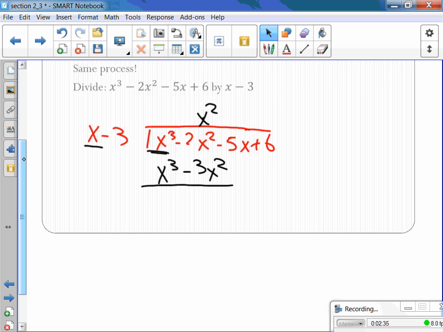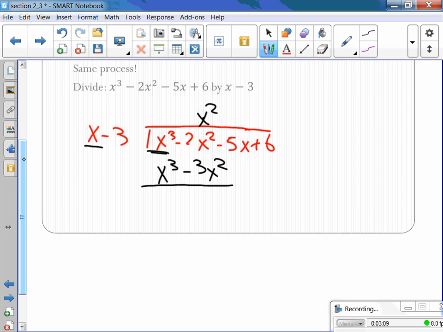All we did was multiply. What is x squared times x minus 3? Write it down on the paper. So what do we do now? We subtract. So subtracting is what? Subtracting just means I'm changing my signs, right?